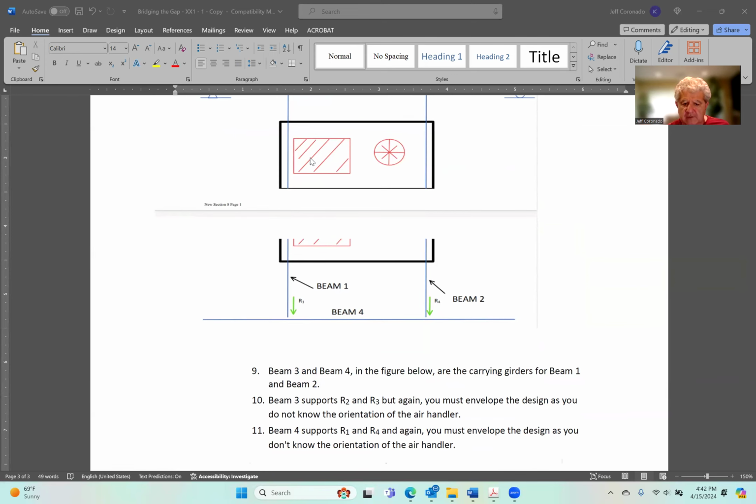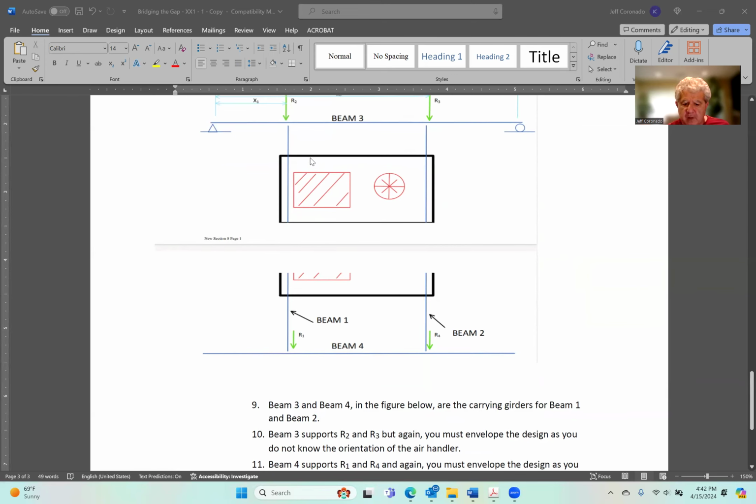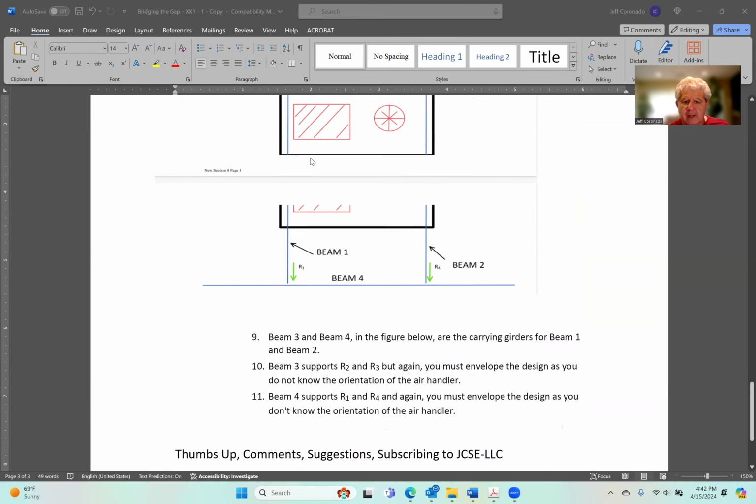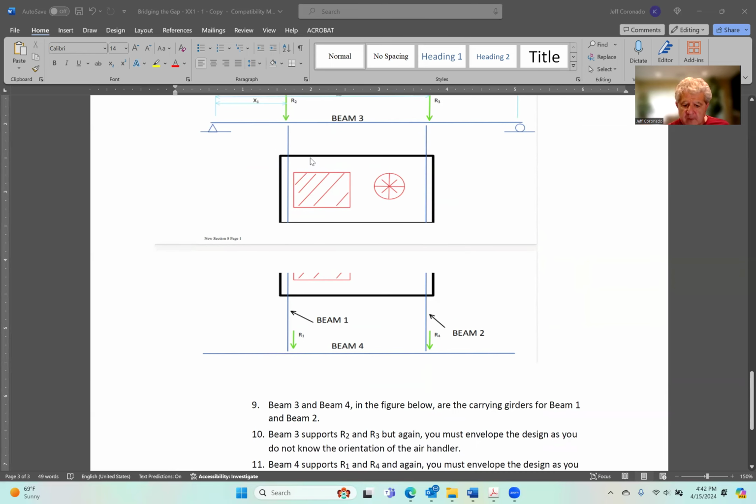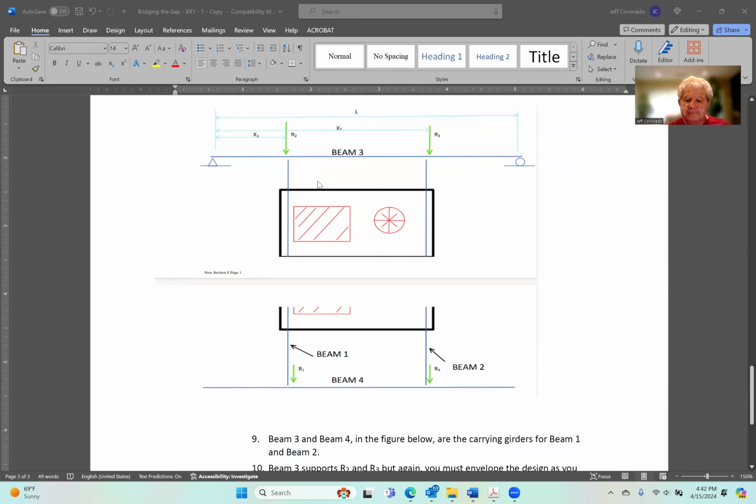Beam 3 supports R2 and R3, okay? But you must envelope the design since you do not know the orientation of the air handler.